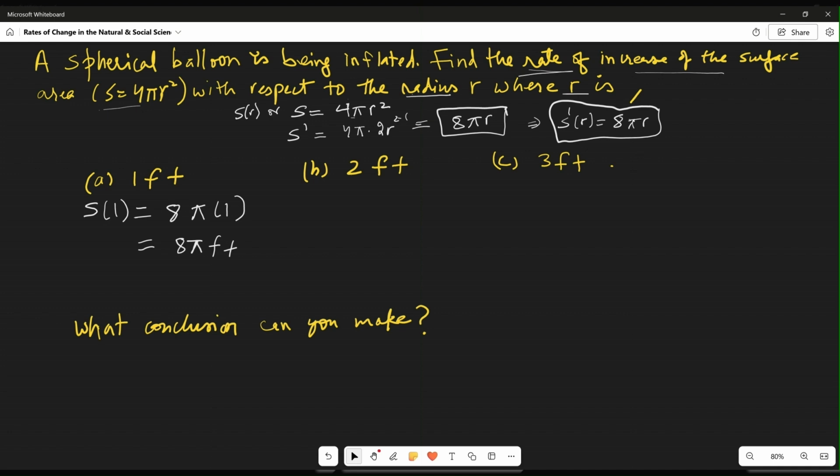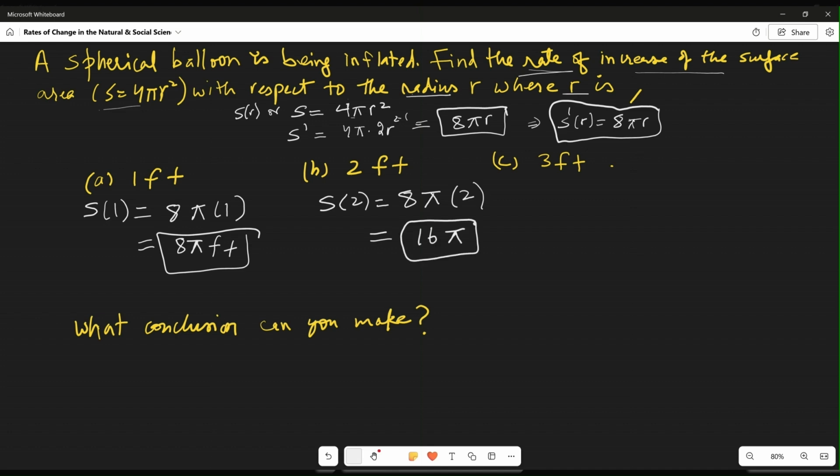Then 2 feet: the radius is 2 feet, so same thing, right? 8 pi times r, where r is 2, so this is 16 pi feet. Don't forget the units. And then 3 feet is 24 pi feet. The rate of increase of the surface area.